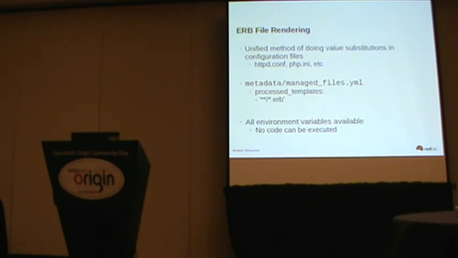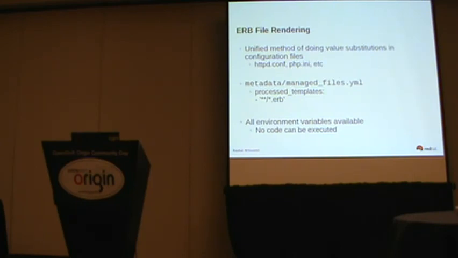I have some of these last slides that are kind of just general things that we do. One of the things that we added with V2 is we used to have a bunch of sed scripts in our V1 cartridges that would go through and make substitutions. And we found that a lot of people weren't all that comfortable with regex. And we'd have a lot of wild errors that happen.